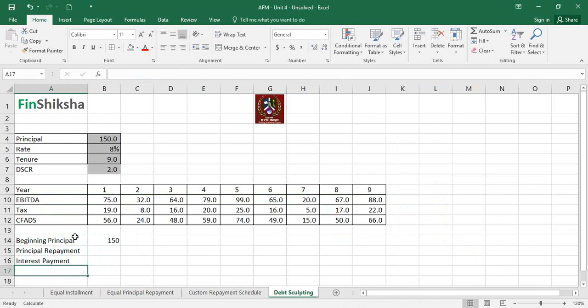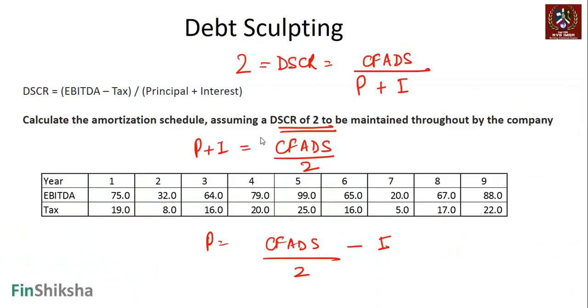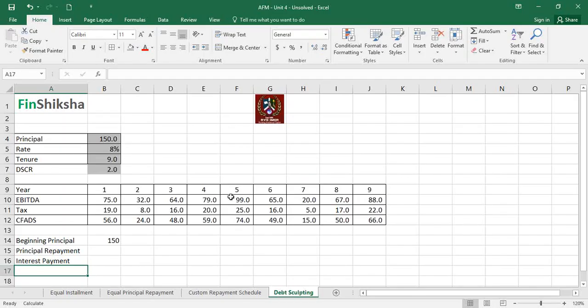And remember, we said if I want to maintain a debt service coverage ratio of 2, then 2 is equal to this cash flow available divided by P plus I. Principal repayment plus interest is going to be cash flow divided by the debt service coverage ratio. So the total installment that is going to get paid, right? Total installment or amortization is my cash flow divided by the debt service coverage ratio. That's the total that I'm going to pay, right?